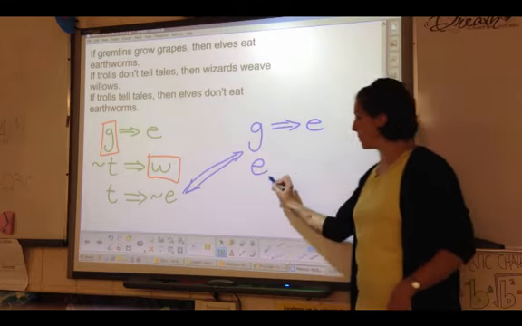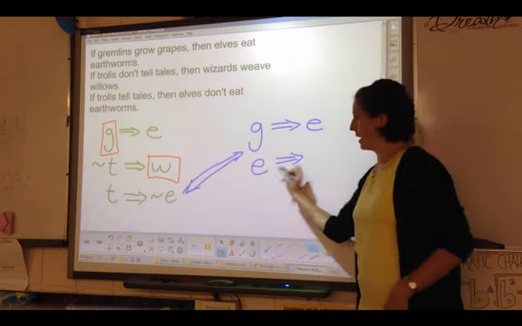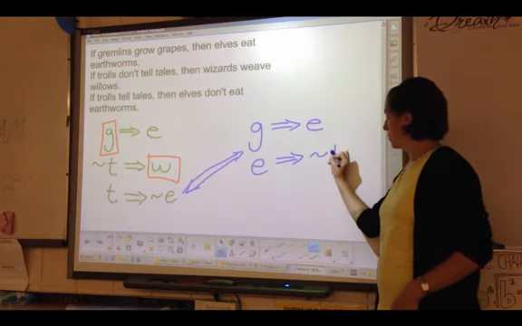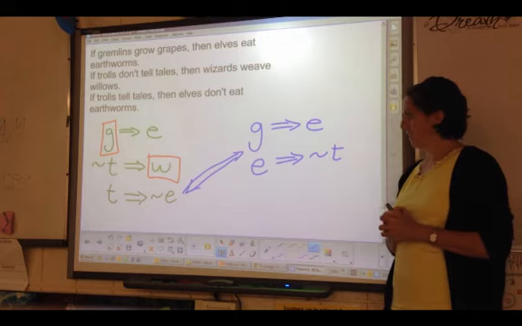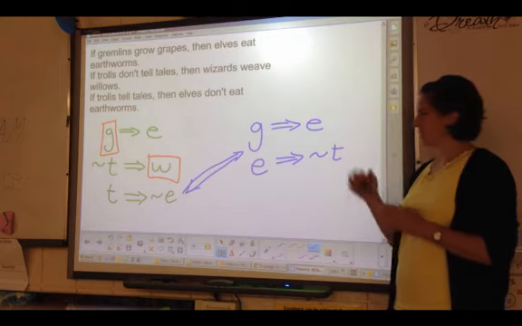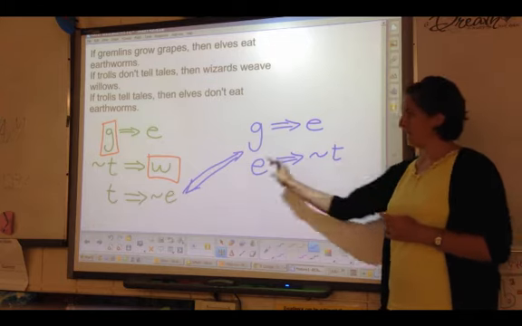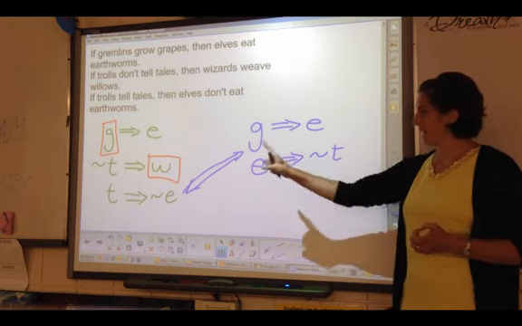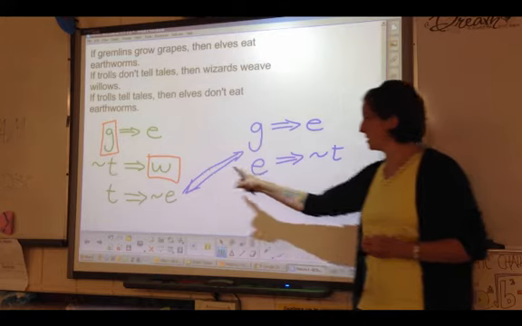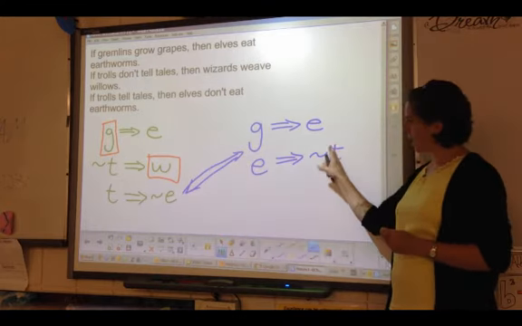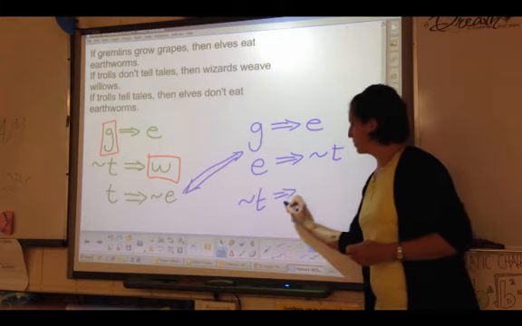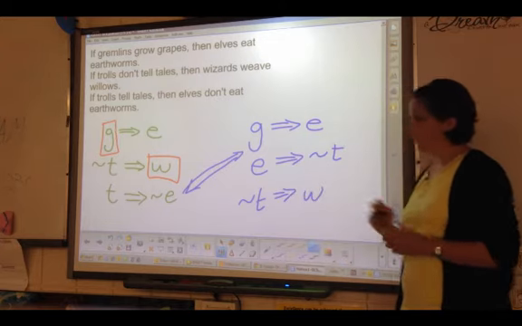So it went from negative to positive, implies go from positive to negative, or not it. So I switched my order, and I used a contrapositive, and now my trail continues, right? Not T, I have not T. Not T implies W.